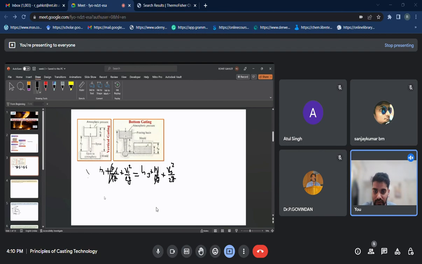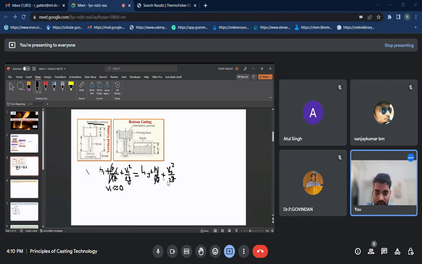Generally the top gating system is at atmospheric pressure itself, so these pressure terms will get equated from the LHS and RHS, as P1 is equal to P3 equal to atmospheric pressure. It is written here also.